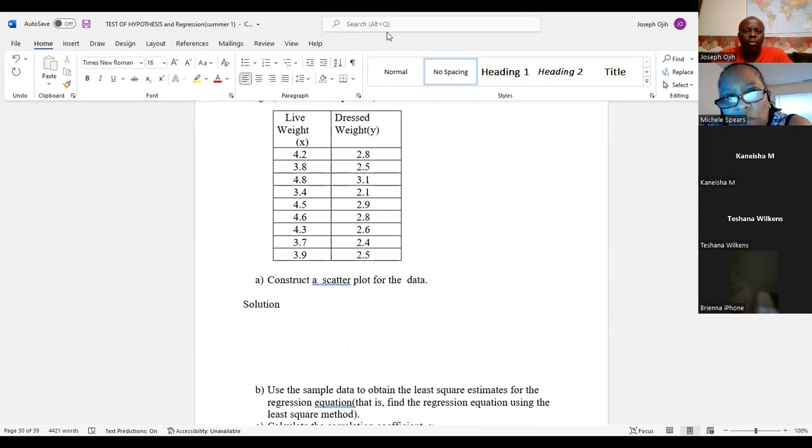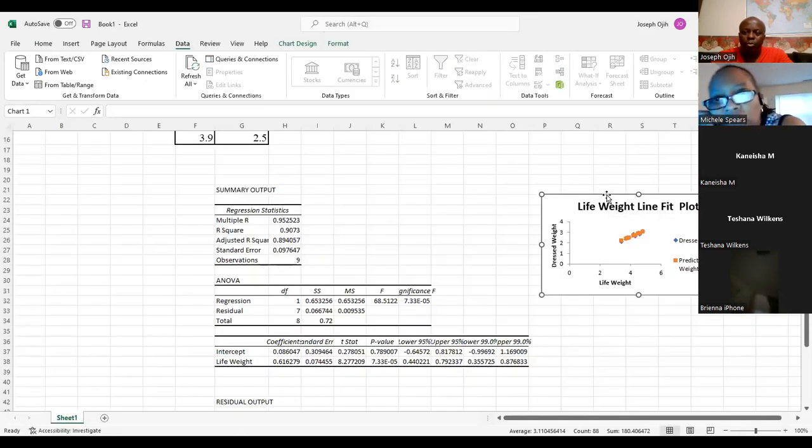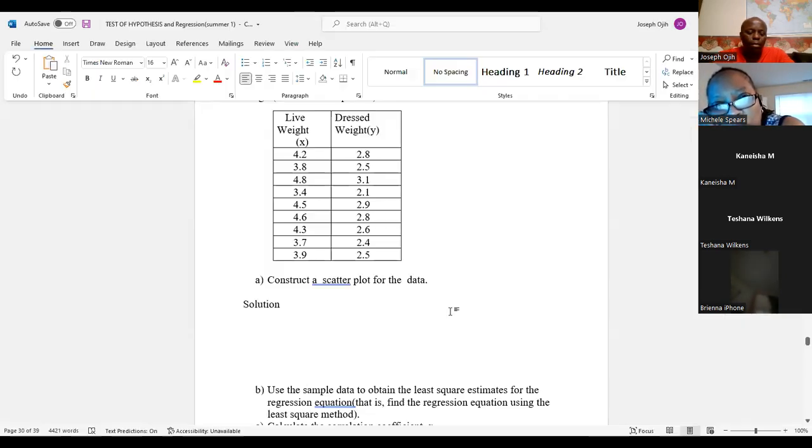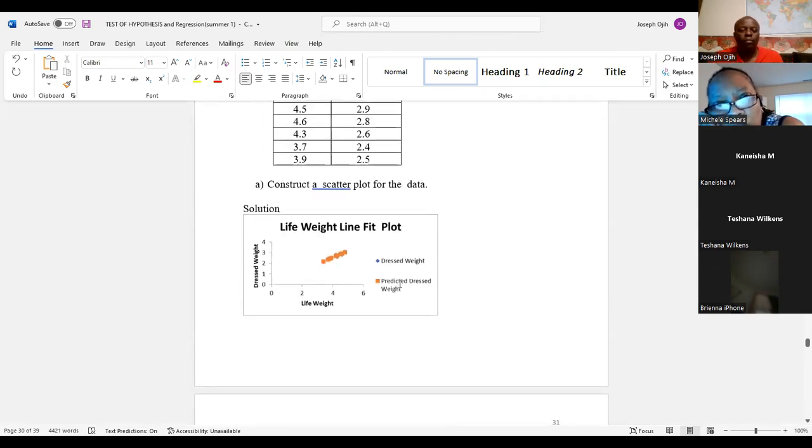Okay, so I'm gonna go and copy it from Excel. This is the scatter plot right here, live weight and dress weight. Copy this. Go to our Word document and paste it. Okay, we answer the question. If you like, you can make it look bigger.